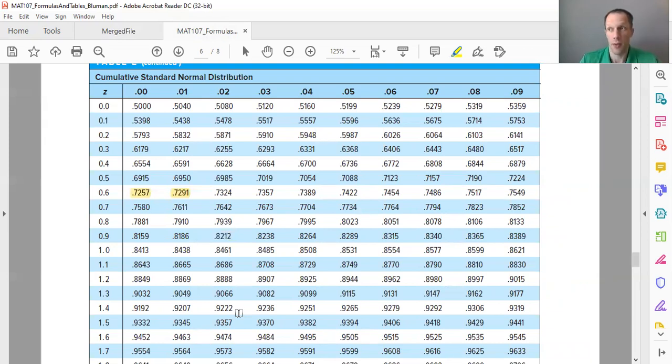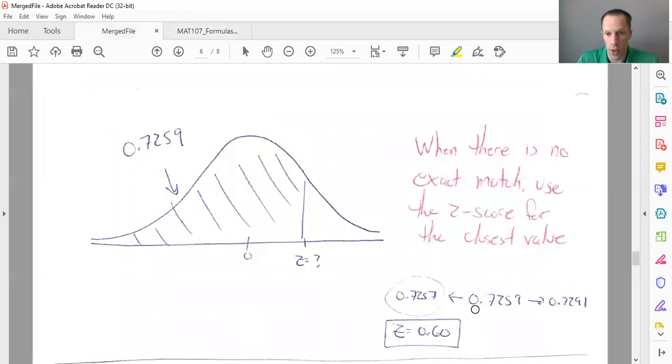So if the number you're looking for is in between two numbers in the chart, you can go ahead and mark that down and say, okay, we had 7257 in the chart, and 7291. We're looking for a number that's in between, which is 7259. Then see if the number you're looking for is closer to one of these than the other. 7259 is closer to 7257 than it is to 7291.